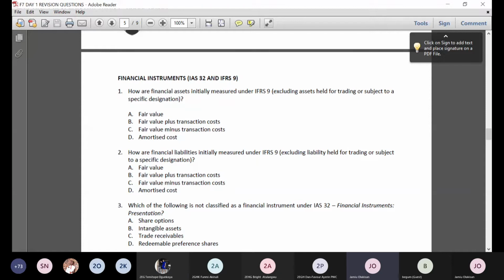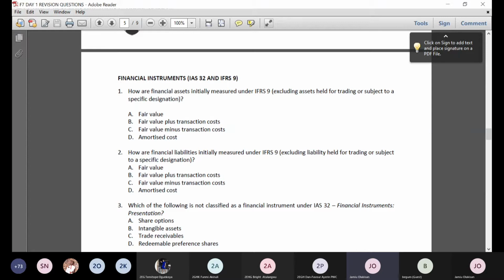Because I've told you today that for the purpose of measuring assets initially, there are more or less two categories. For those that will be subsequently measured at fair value through P&L, the initial value should be fair value, and transaction cost should be expensed. But for those that will not be subsequently measured at fair value through P&L, that is, those to be measured at amortized cost or fair value through OCI, the initial value should be fair value plus transaction cost.